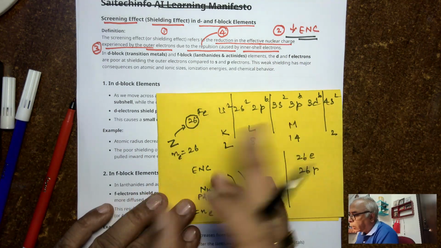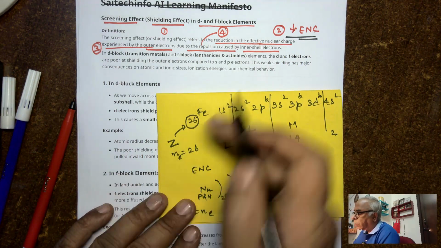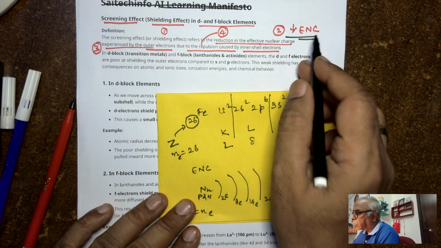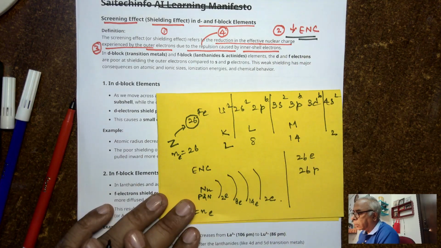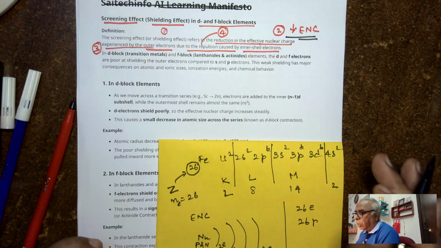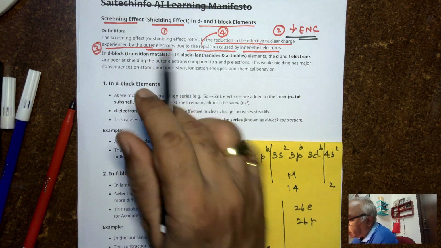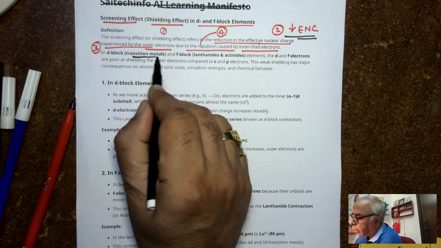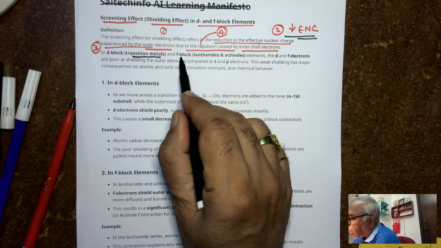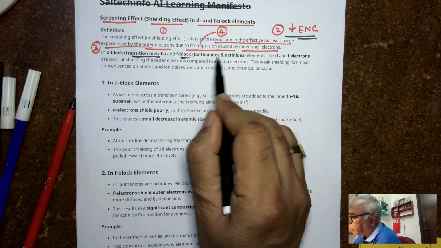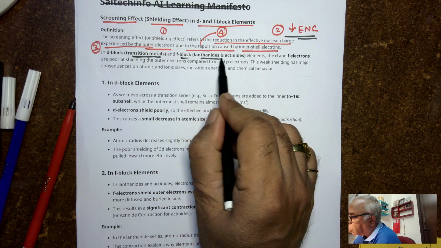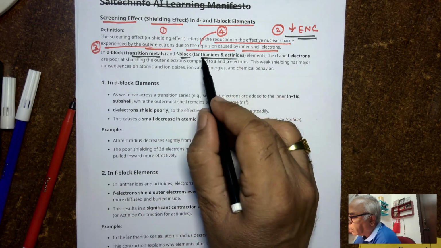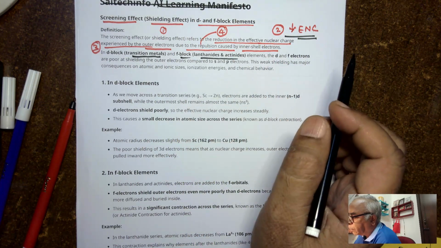So what is the impact of shielding effect? The reduction in the effective nuclear charge. Are you able to understand this concept? Right. Now in D block elements, that is transition metals, and F block elements, that is inner transition metals, they have got two groups here, that is lanthanides and actinides.